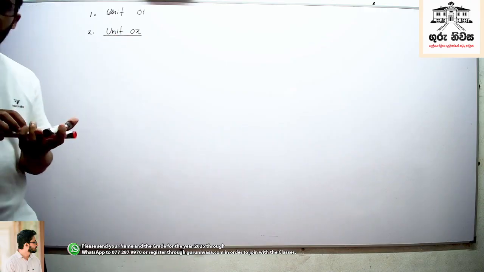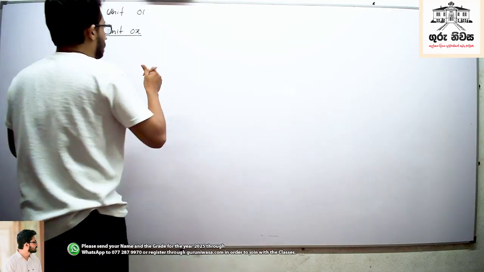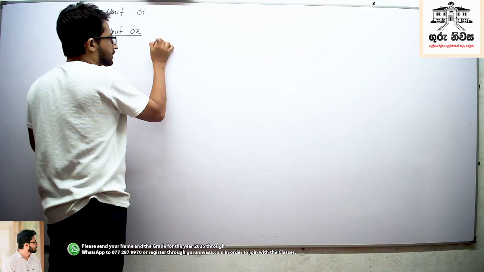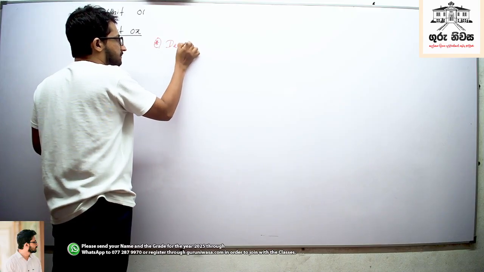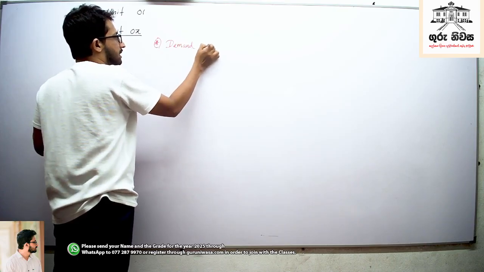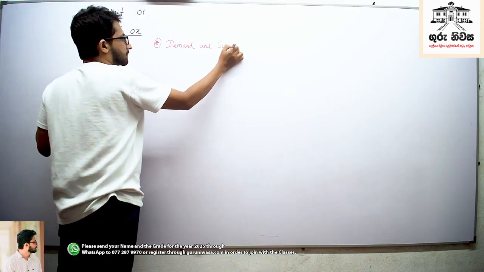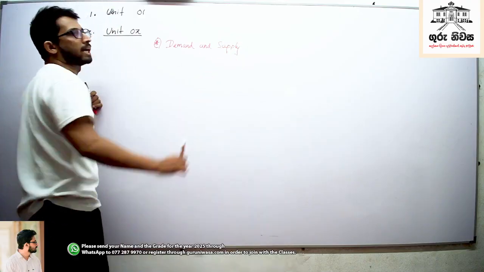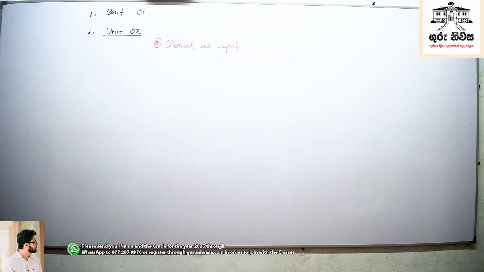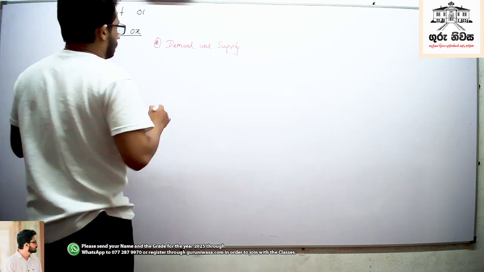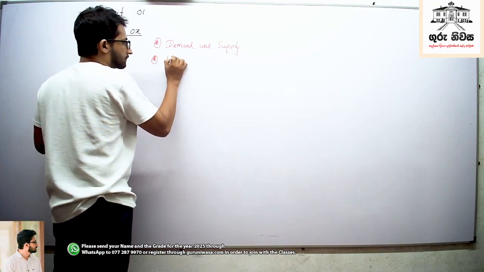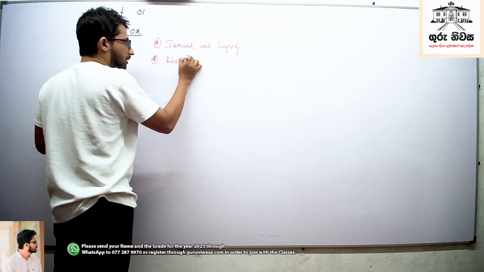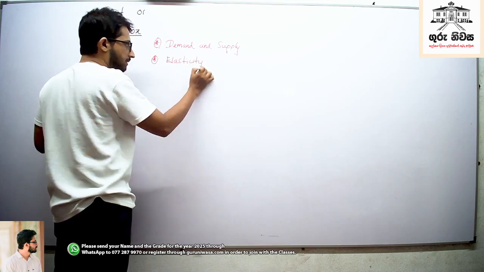Mainly, these are the basic areas we need to cover. Number one, demand and supply analysis. Actually, this is called the price mechanism. Second one, elasticity.